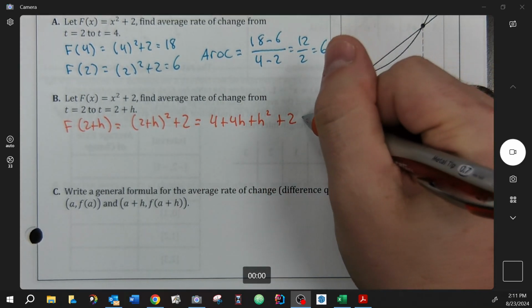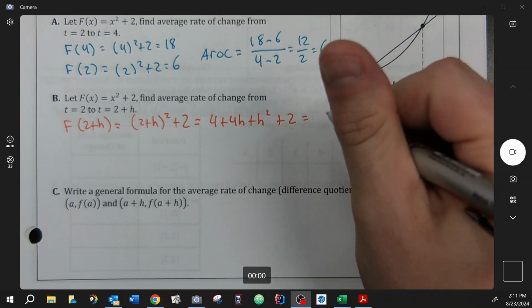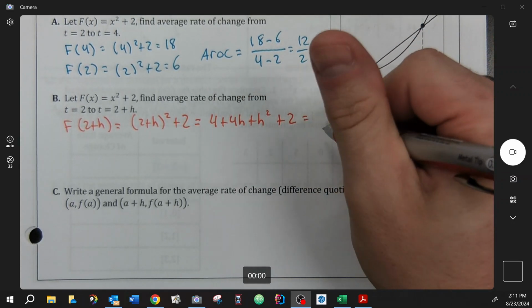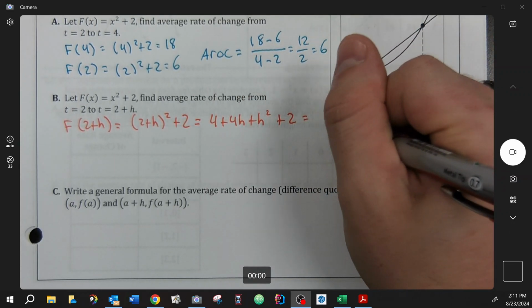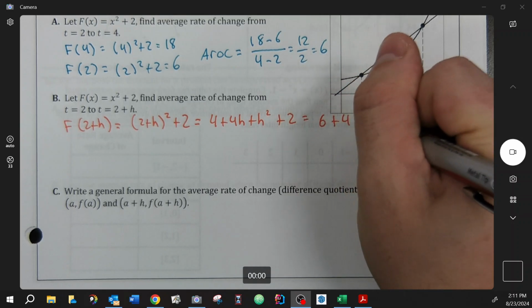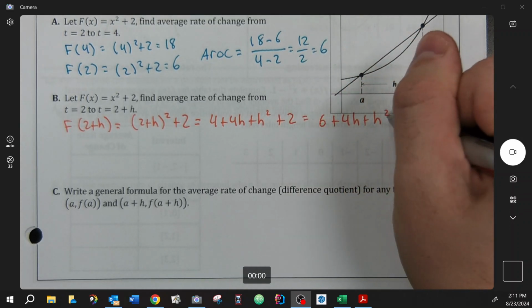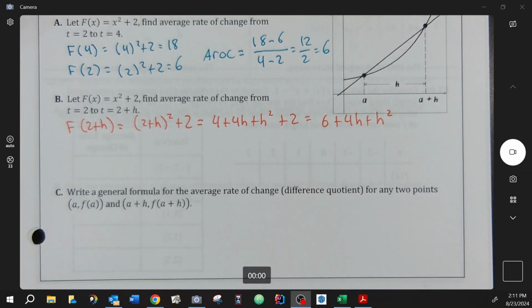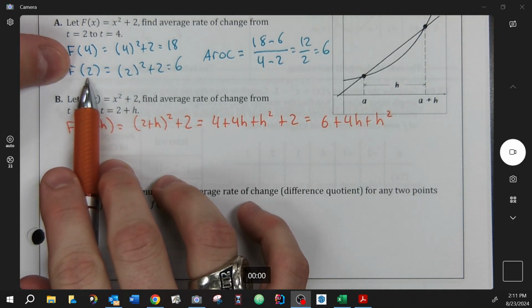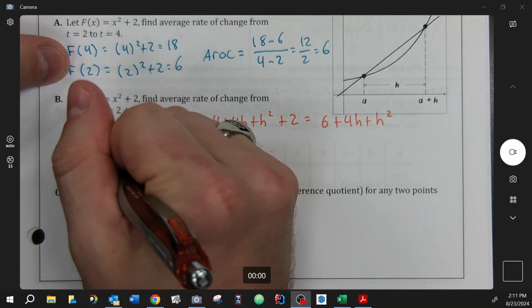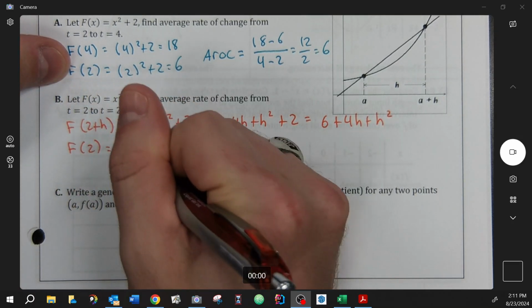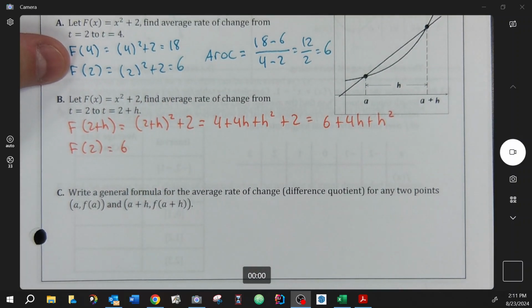And then combine your like terms. I'm going to write it as 6 plus 4h plus h squared. There, I combined like terms. From up above, we already know what f of 2 is. Right where my thumb is, f of 2 is still 6.